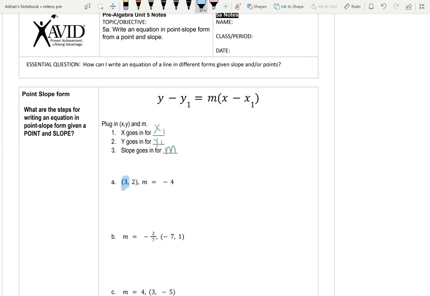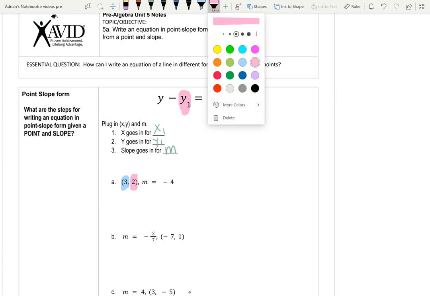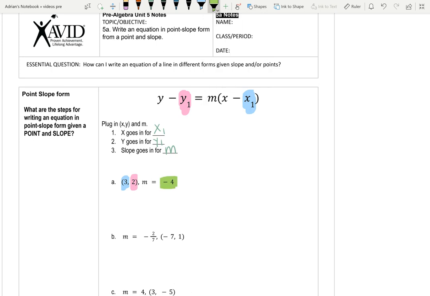So this number right here is my first x, so it's going to go in for x1. Then this is my y, so it's going to go in for y1. And then the m, the -4, will go in for m. And so we're just replacing those. This y and this x don't change and they don't get replaced.